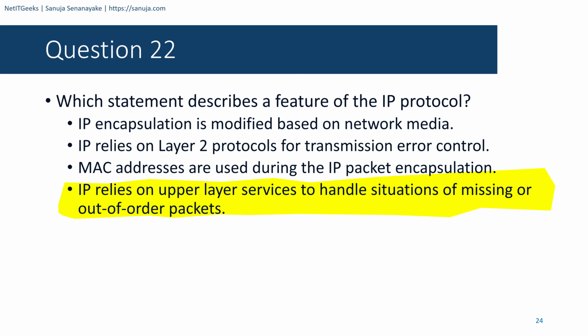What it has to do is rely on upper layer services such as TCP to resolve this issue. Remember TCP versus UDP, which you may have already covered in your classes. TCP can provide reliability, as opposed to UDP, which doesn't, but those are all upper layers. The IP protocol is a much lower layer, so it relies on the upper layers to handle those kinds of situations, because IP is a connectionless protocol.